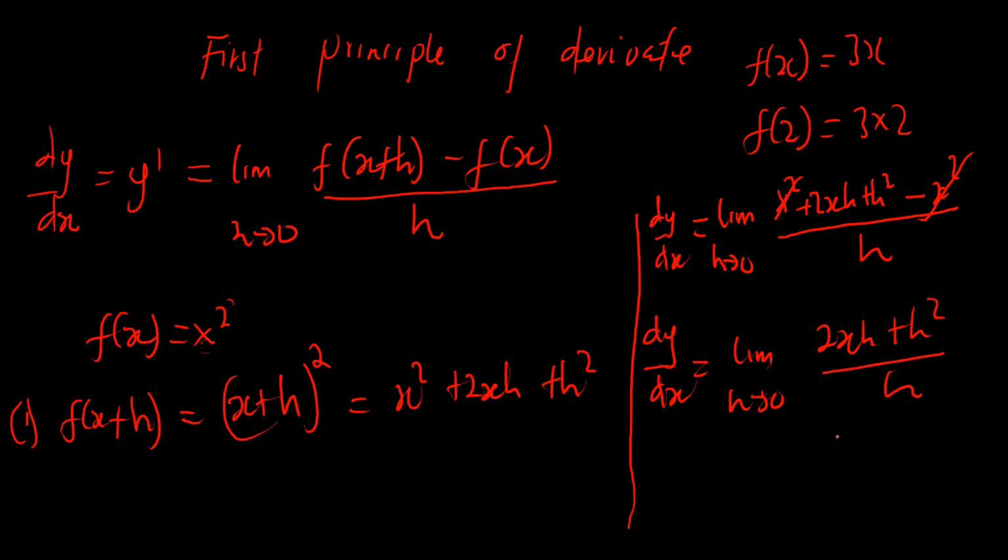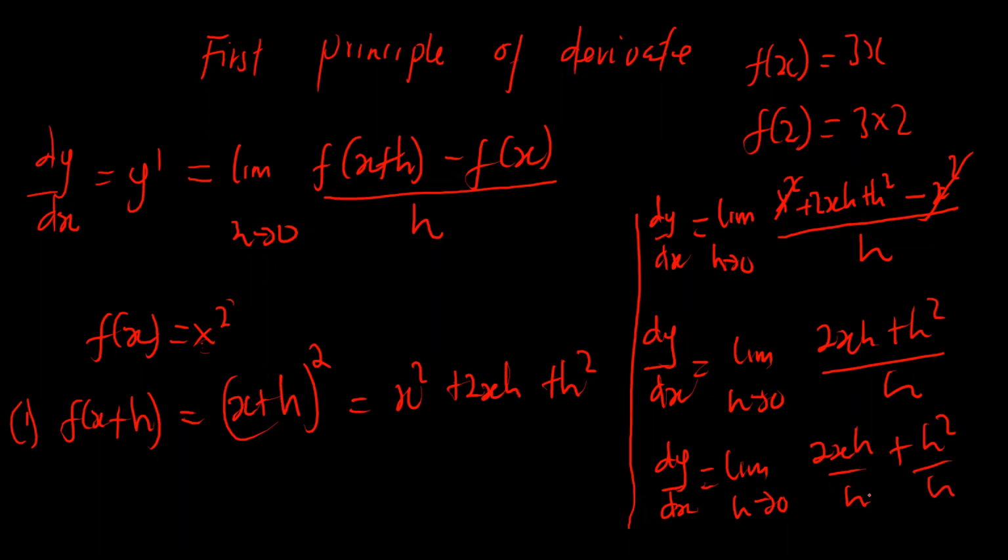all over h. Now we know from mathematics that this actually means dy dx equals limit as h approaches 0 of 2xh over h plus h squared over h.